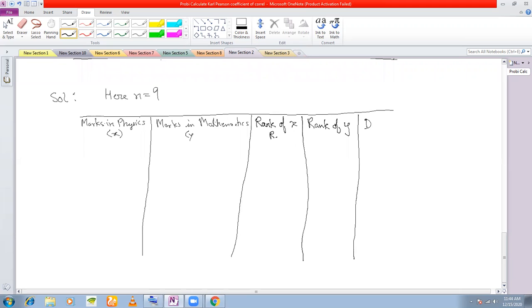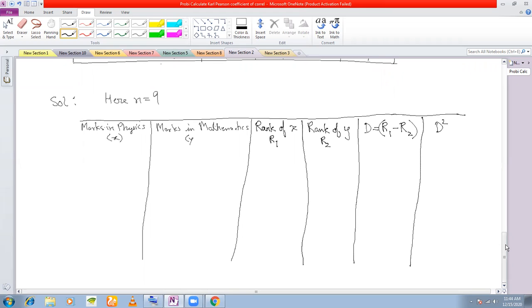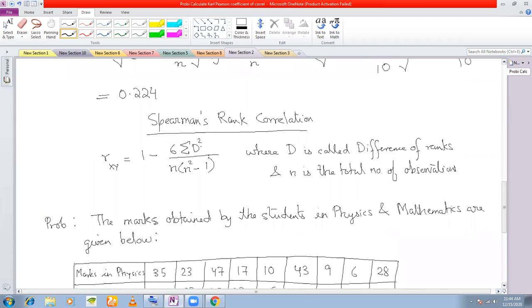If I call this R1 and this R2, then the difference of ranks will be R1 minus R2 or R2 minus R1 also. Any way you can take. And d square, the square. Why did I put a column for d square? Because in the formula I see a sigma d square.